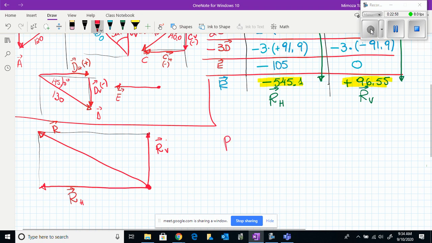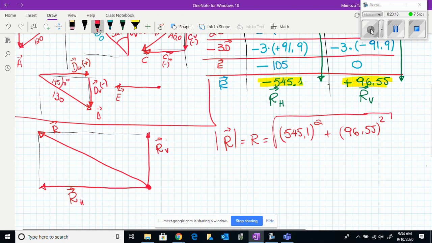So the magnitude of this vector is the square root of 545.1 squared plus 96.55 squared. Now, you notice here that I'm ignoring the signs.